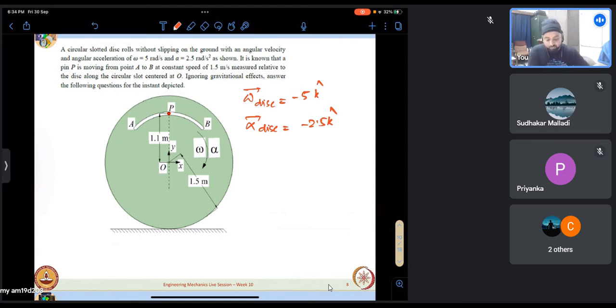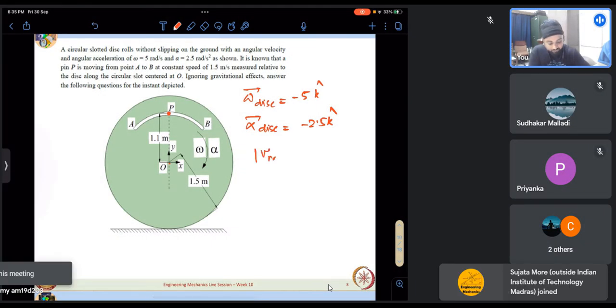It is known that pin P, which is in this slot, is moving from point A to B at a constant speed of 1.5 meters per second measured relative to the disk along the circular slot centered at O. That is what I said upfront, the center of the circular arc is O. So the magnitude of VREL is given to be 1.5 meters per second.